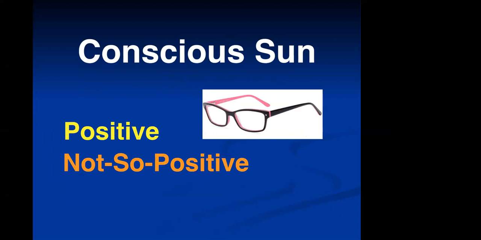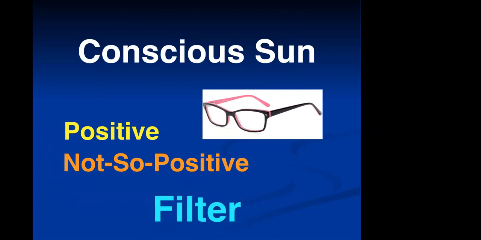I see positive aspects of the conscious sun and not so positive aspects of the conscious sun. I'm going to have experiences in my life that are both positive and not so positive from the perspective of the conscious sun. And I think of the conscious sun as being like a filter, like these glasses, like the lens, right?